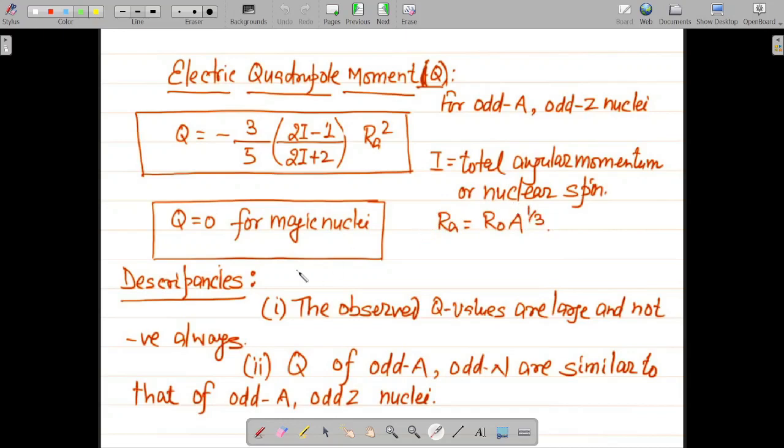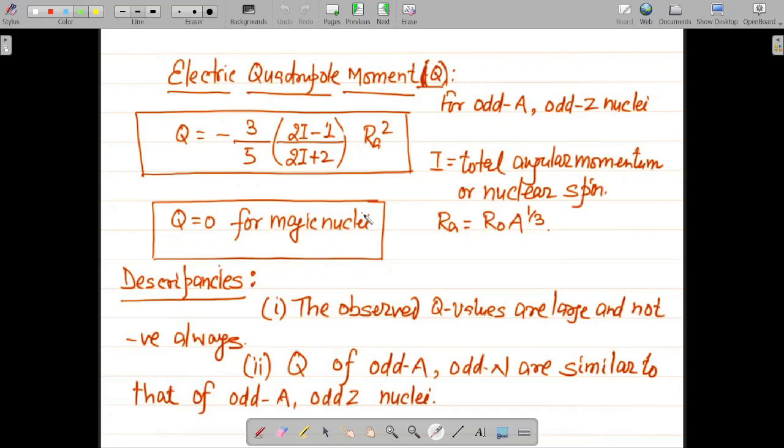Now Q equals 0 for magic nuclei. What does that mean? For magic nuclei, either the value of Z, the total number of protons, is a magic number, or the total number of neutrons, capital N, is a magic number. So either capital Z is a magic number or capital N is a magic number, and in that case the value of the electric quadrupole moment Q becomes 0.